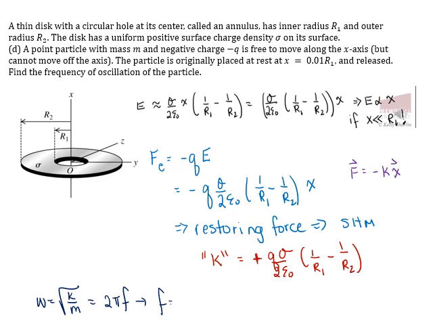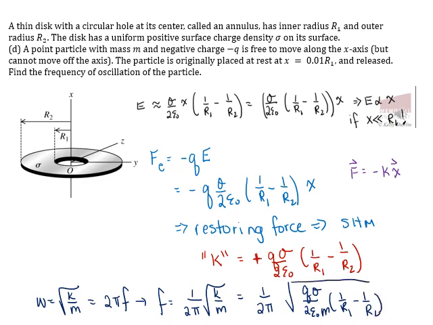So our frequency of oscillation is 1 over 2 pi times the square root of our constant of proportionality divided by the mass, or 1 over 2 pi times the square root of Q times sigma over 2 epsilon naught m times 1 over R1 minus 1 over R2. So if we place that little particle at this point on the axis and let it go, it would bounce back and forth between those 2 points with this frequency.